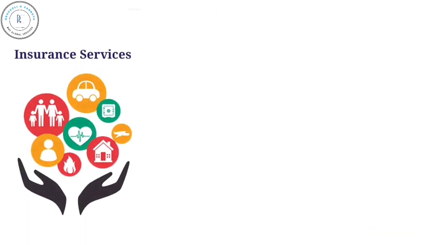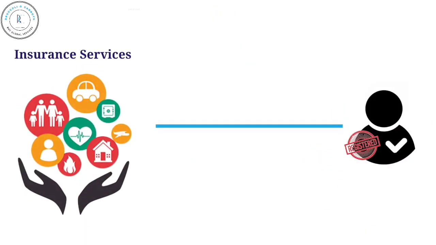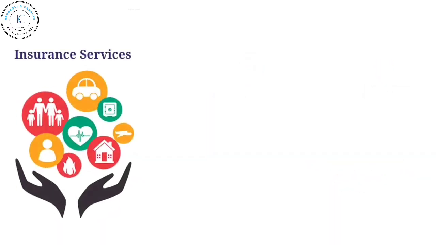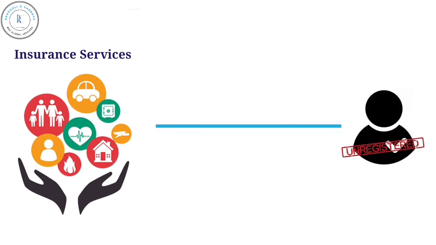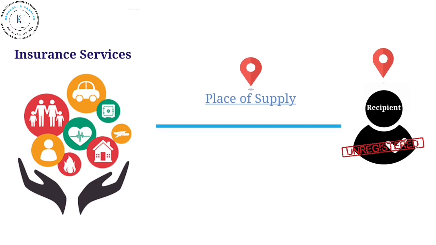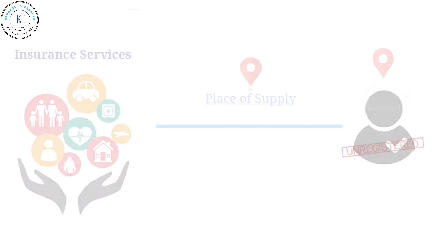If insurance services are provided to a registered person, then the place of supply will be the location of such registered recipient. If insurance services are provided to an unregistered person, then the place of supply will be the location of the recipient, as per the records of the service provider.